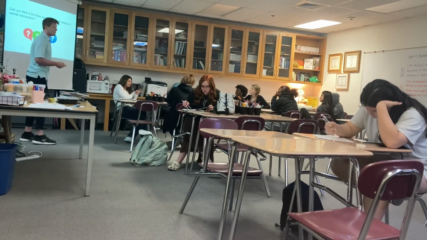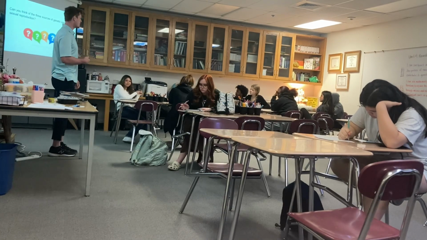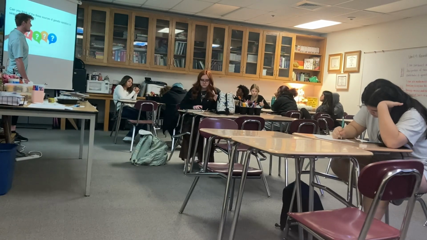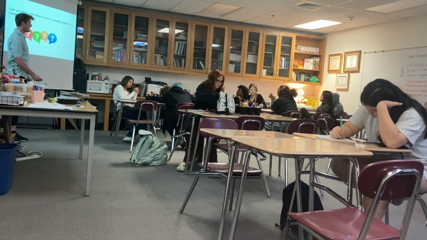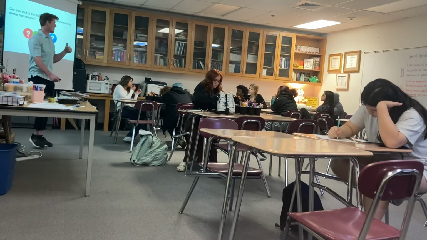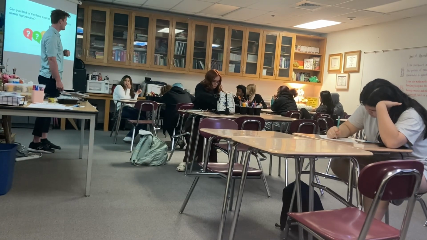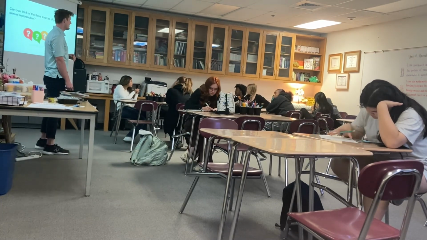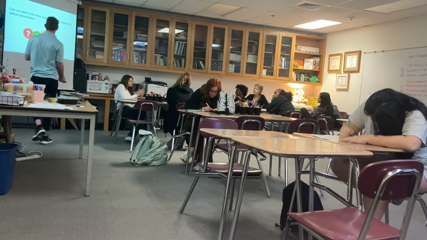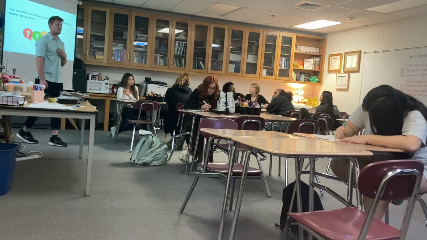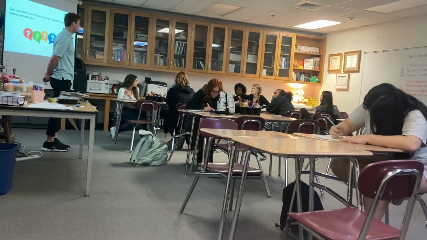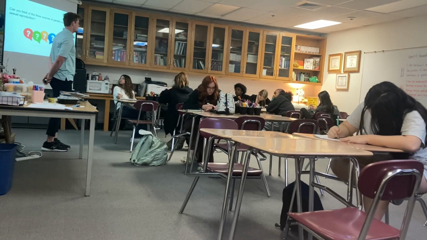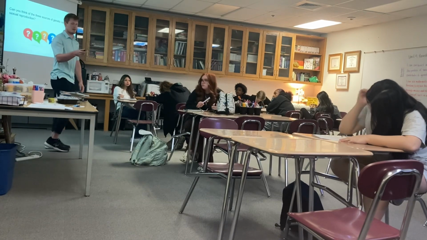Okay, guys, real quick, I want you to think about this. This is kind of review from meiosis. Do you know your 3 sources? Crossing over is one. Independent assortment is another. And the third is random fertilization, which just means random sperm to random egg.